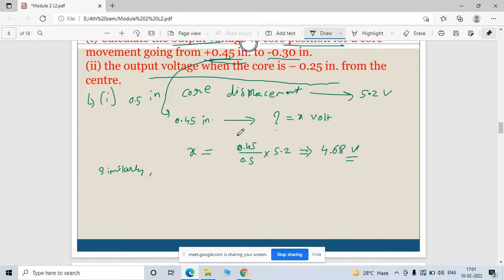Similarly, for minus 0.30 inch displacement, what are the responsible voltages here?